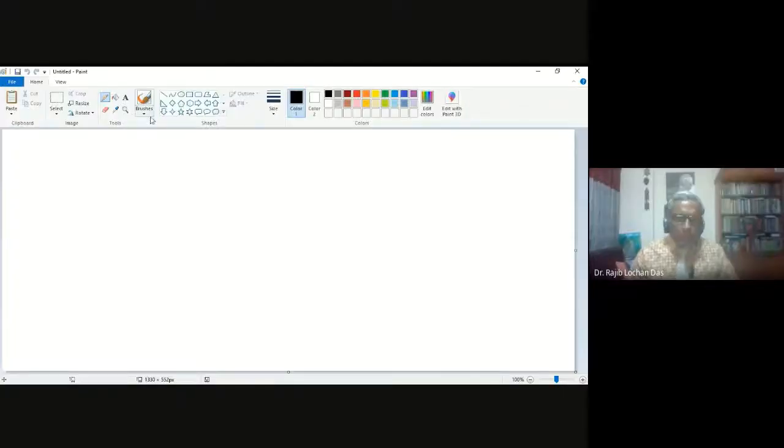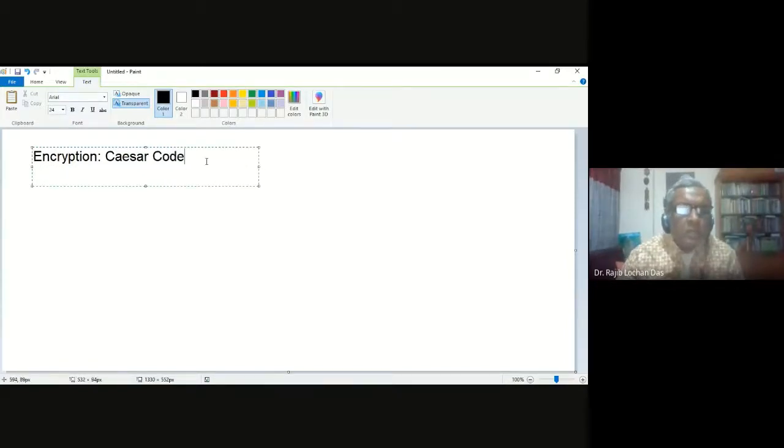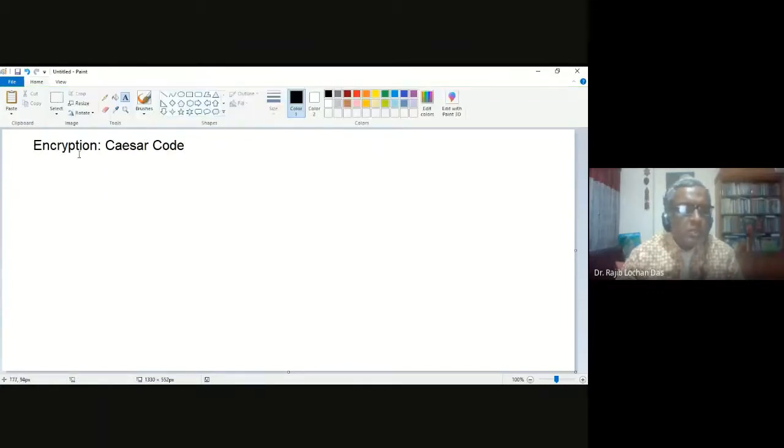Okay, so it is one encryption technique, and it is called the Caesar code encryption technique. In this method, we use the Caesar code function.